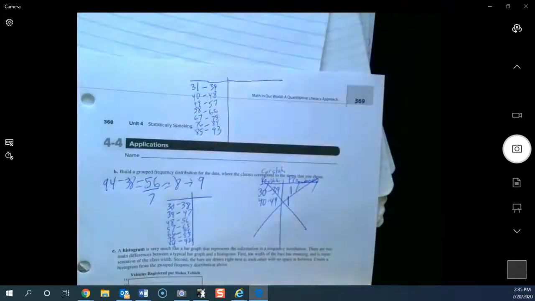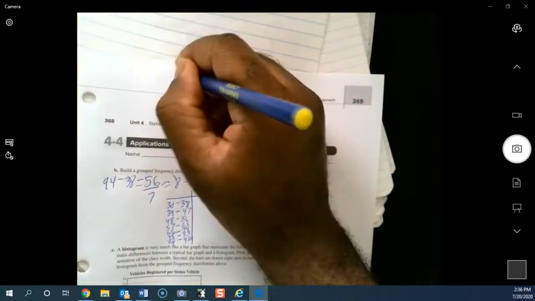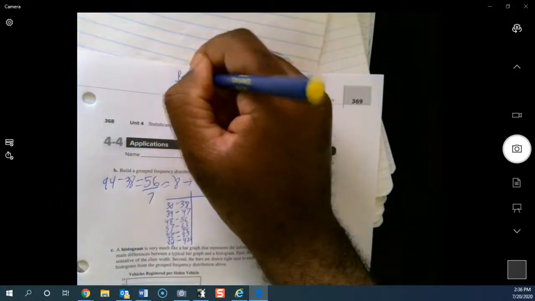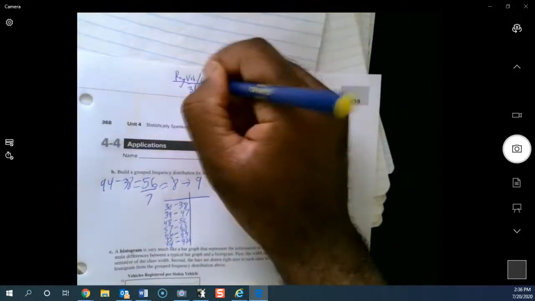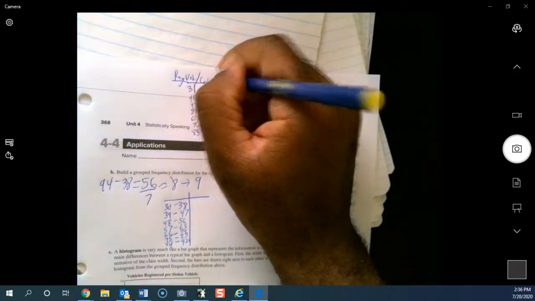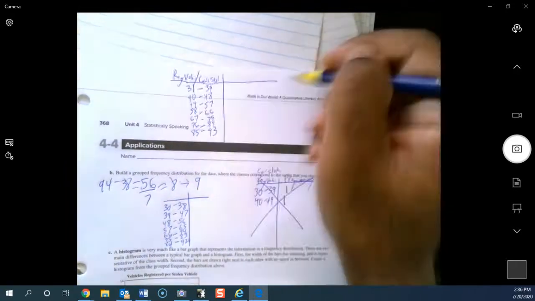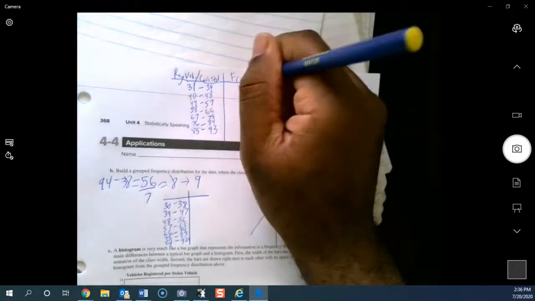So this actually captures it perfectly. So this would be our registered vehicles, and then cars stolen. Then over here would be our frequency.